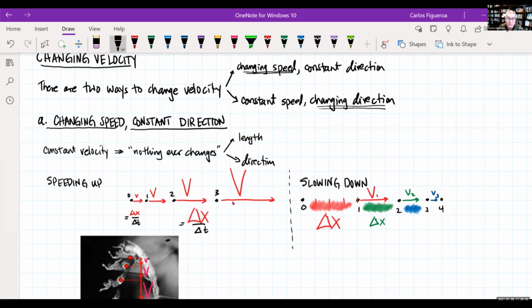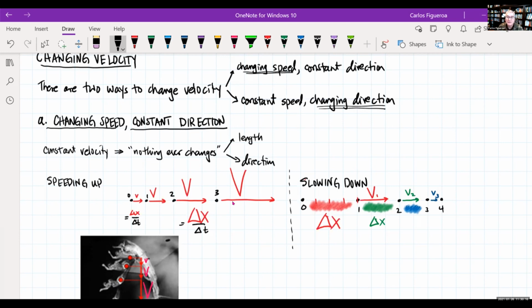On the slowing down, we have the big delta x between 0 and 1, and that would be the velocity 1. So why don't we, or is that the same thing for the speeding up one, where from 0 to 1, that would be velocity 1 as well? I see what your question is.